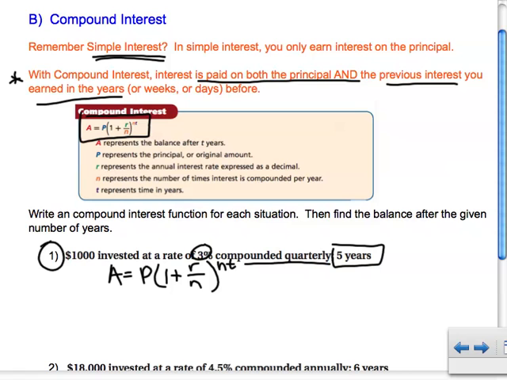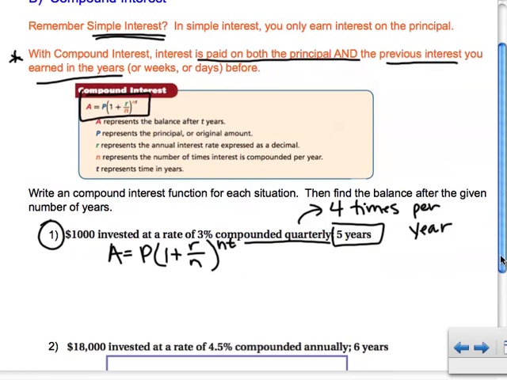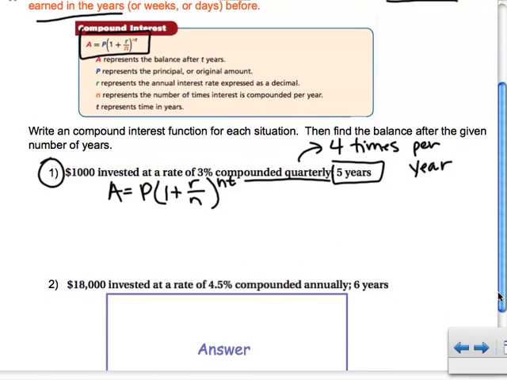Compounded quarterly means every quarter, so that means 4 times a year. Every 3 months, they're going to stop, calculate how much interest you got, and then add it back to your principal. So what we're going to do here is the same as what we did before: pop in the numbers to our formula, evaluate using PEMDAS, and figure out what piece we're missing.